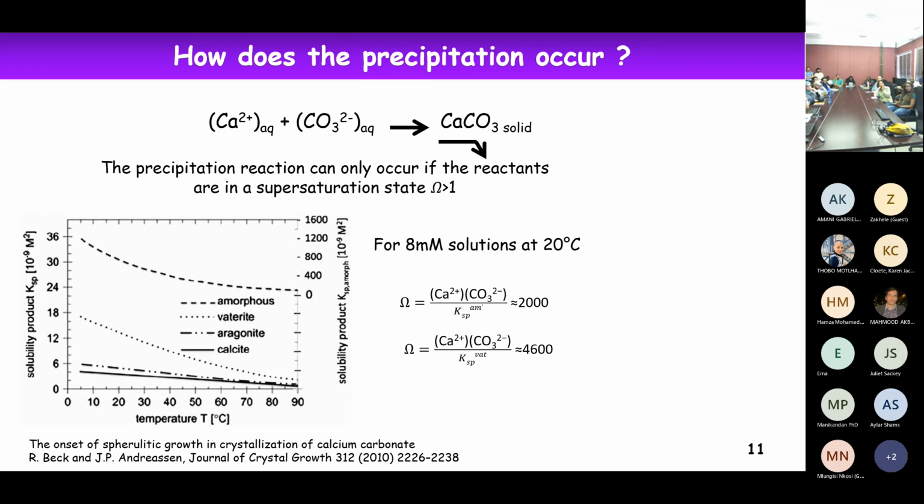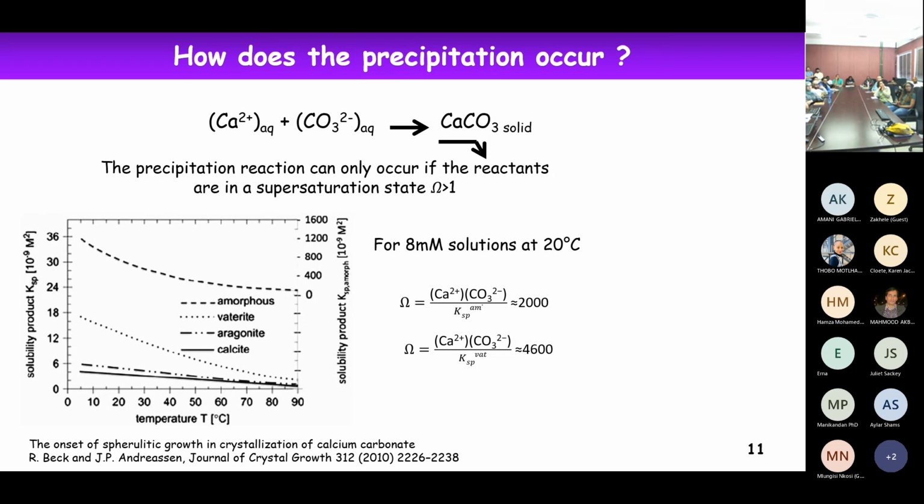So at 20 degrees, the KSP here is of the order of something like 500, maybe 600. So I can calculate the values of omega, and you can see that in this case, at 8 millimolar, I am well above the saturation, the supersaturation of calcium carbonate. So this is going to precipitate.